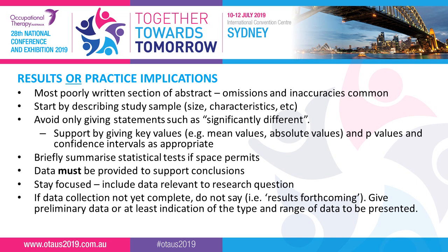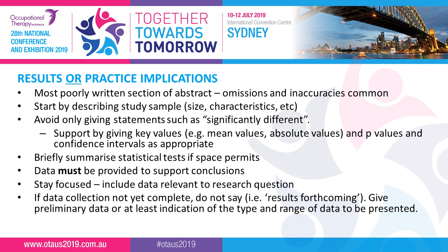So initially you start by describing the study sample, the size, the characteristics, etc. And then you go on to actually report the results. When you're reporting results, if you're saying that Group A performed significantly better than Group B, for example, then you shouldn't just state that, but you should back that up by giving the key values.